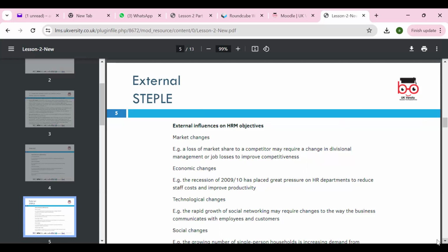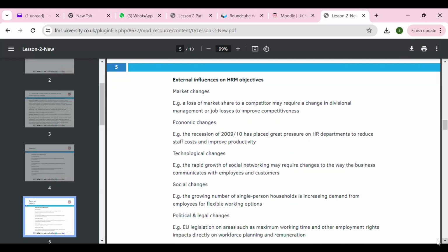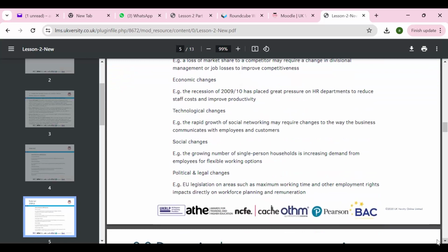Technical changes: the rapid growth of social networking may require changes to the way the business communicates with employees and customers. Social changes: the growing number of single-person households is increasing demand from employees for flexible working. We can also look at the political and legal changes.